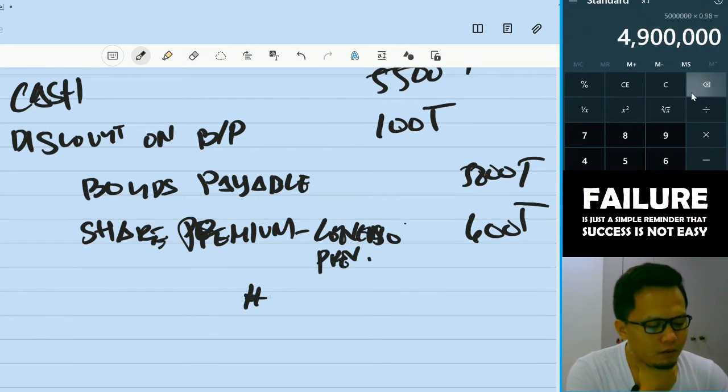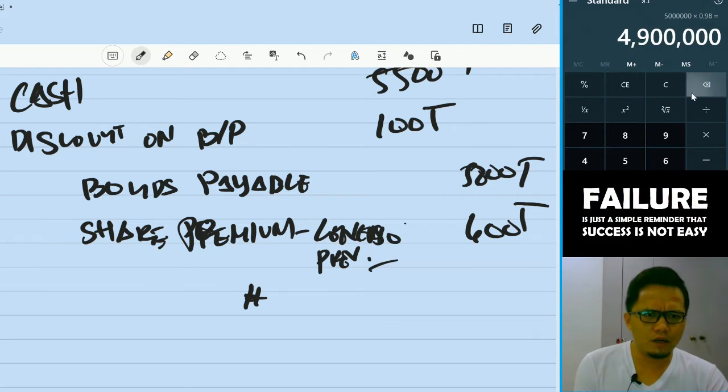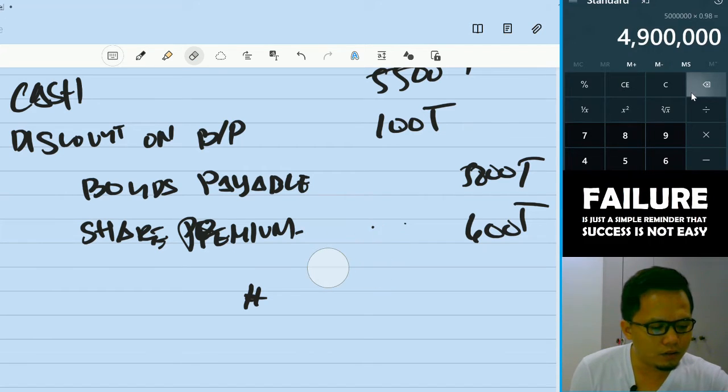So, that is on the date of issue. Same concept talaga siya actually. Instead of share warrant, share premium, conversion privilege tayo.